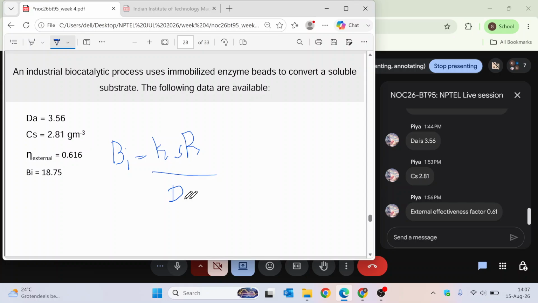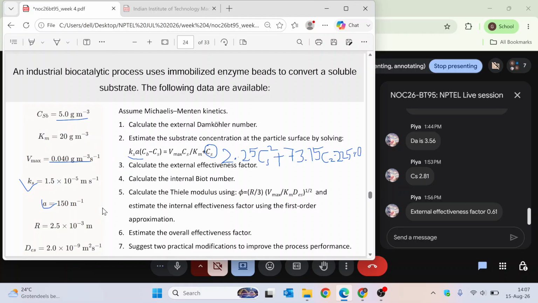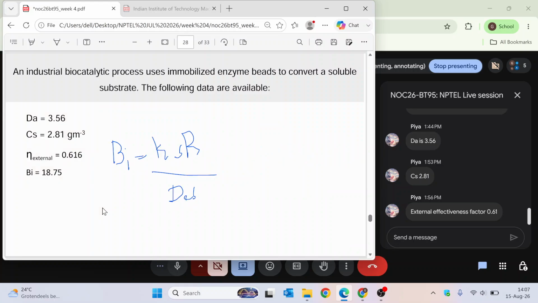You have the values. Let's just go back and check the values once. R is 2.5 into 10 to the power minus 3 meter, and Des is 2 into 10 to the power minus 9 meter square per second. And Ks is 1.5 into 10 to the power minus 5.